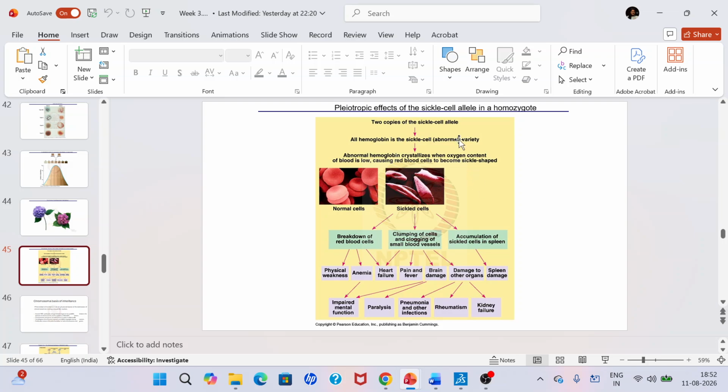So the change is in a single gene, that is the shape of the RBCs, but it can affect many other proteins and genes. This is how sickle cell works.